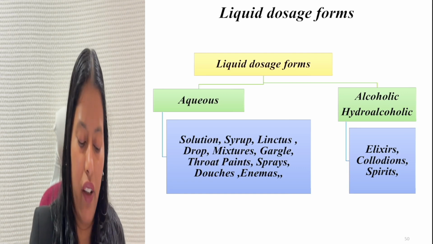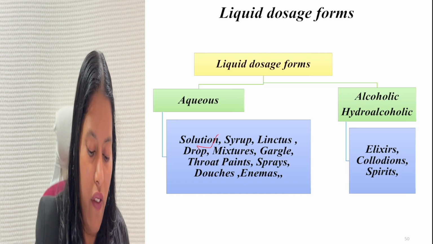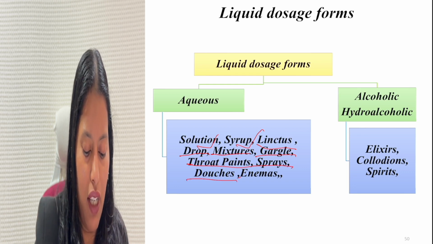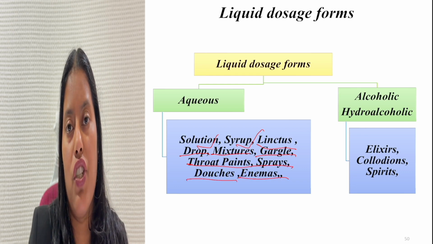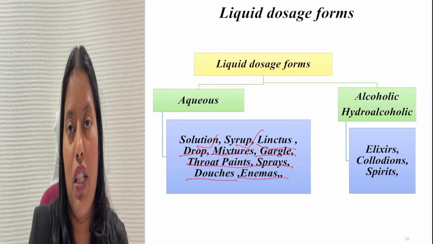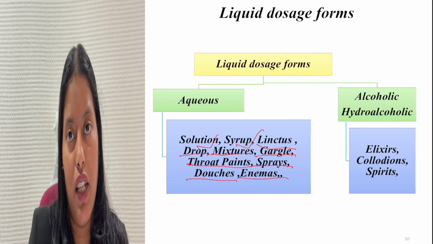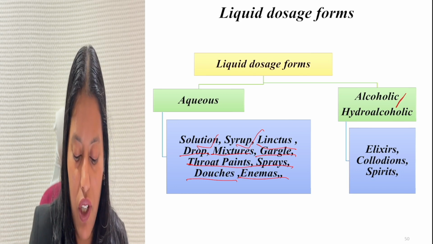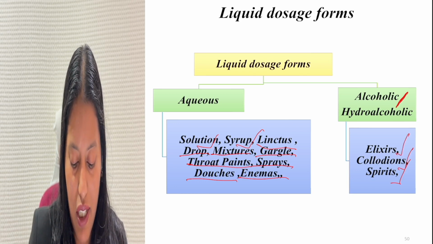So in case of aqueous, you have solutions, various syrups, linctus, drops, mixtures, gargles, throat paint, sprays, douches, enemas. These are some examples which come under the aqueous vehicle system liquid dosage form. And in case of alcoholic or hydroalcoholic, you have elixir and spirit.